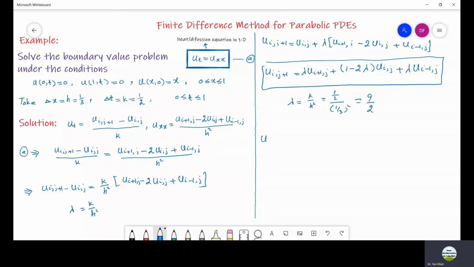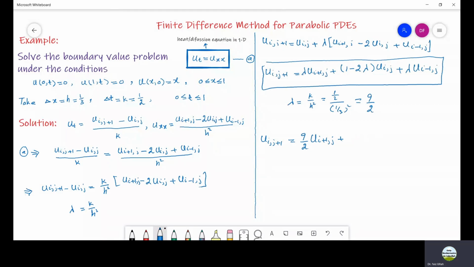So from the above formula, we get ui j plus 1 is equal to 9 by 2 ui plus 1 j plus 1 minus 2 lambda, sorry, let us put the value of lambda.